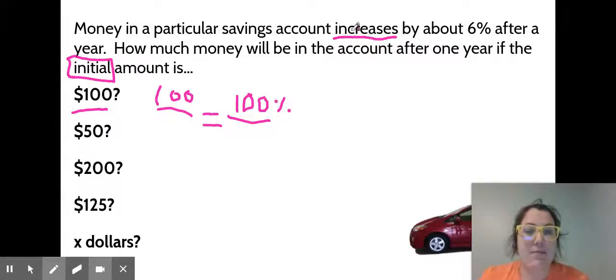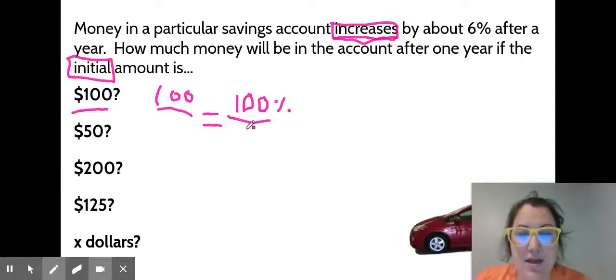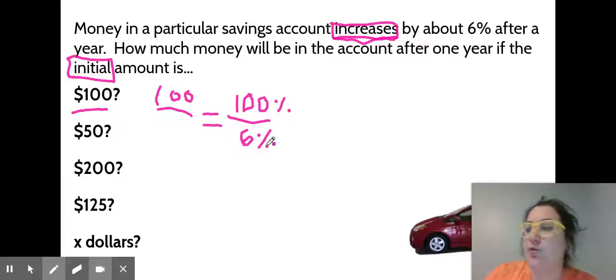I know in my problem that it increased by 6%. Okay, so 6% is my other amount. So I'm going to set a timer for 1 minute. I want you to go ahead and solve this proportion. 1 minute on the clock.